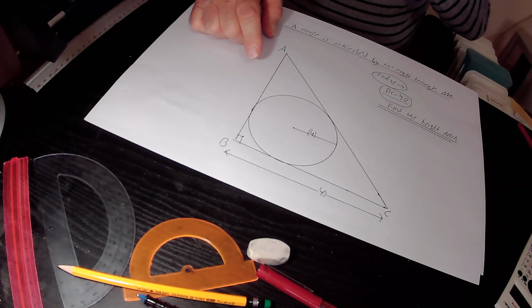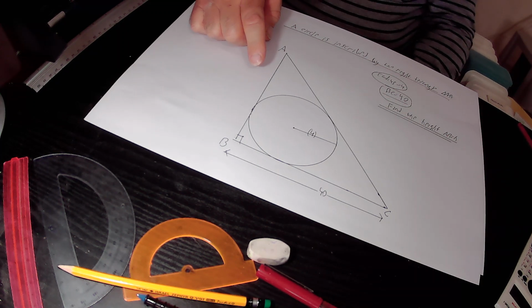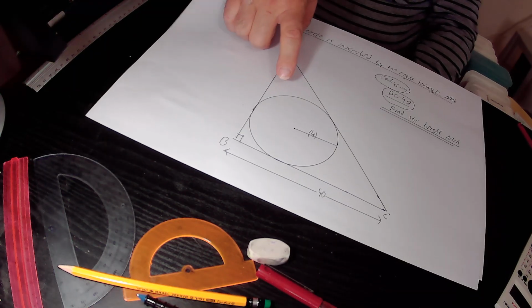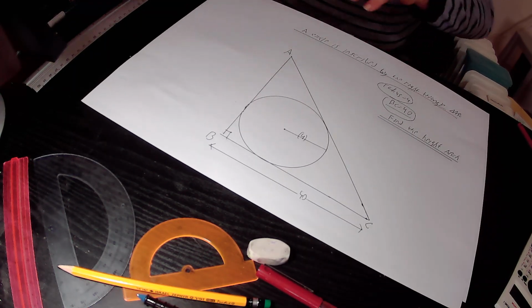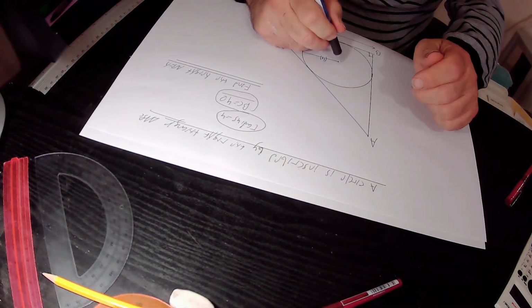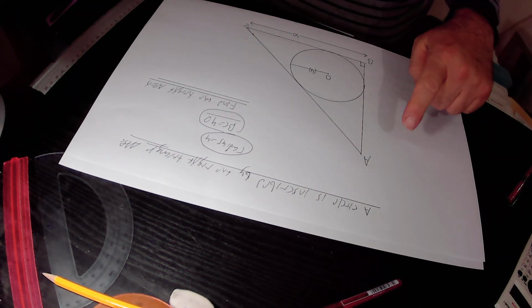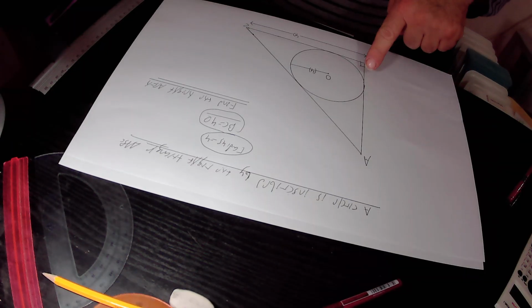So first of all, we'll define the relevant points to this question with letters. We define the center of this circle. This point is point O. Likewise, we define the point of tangency of tangent AB with this circle.